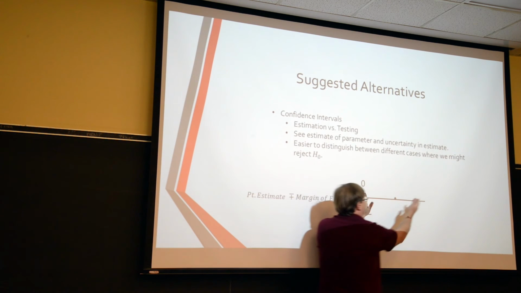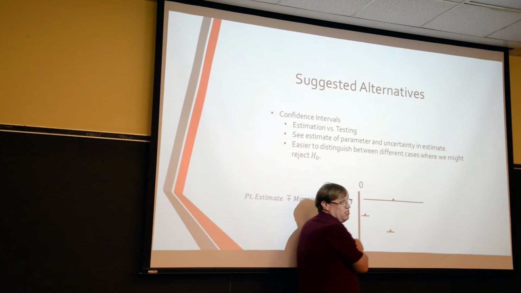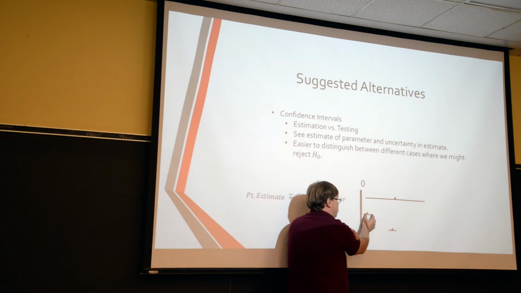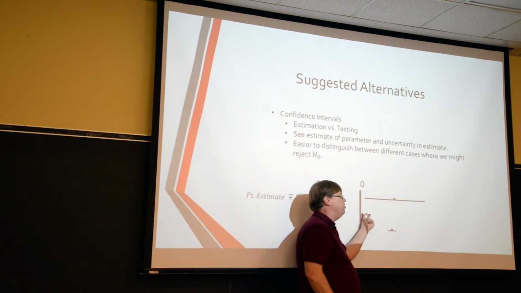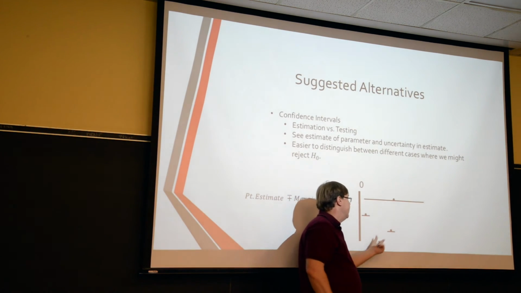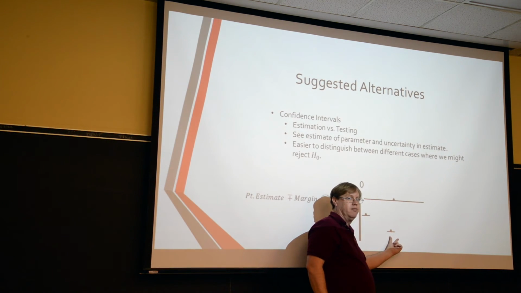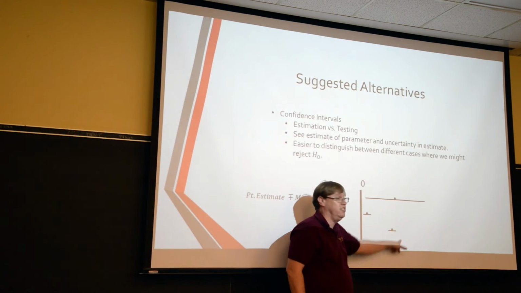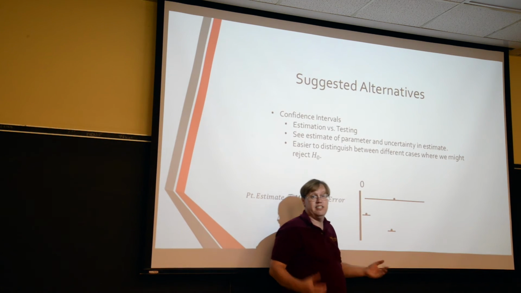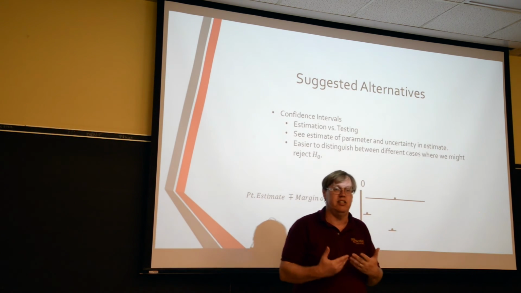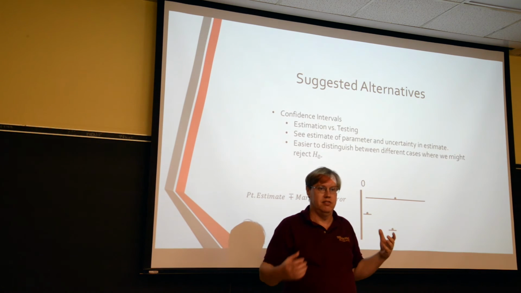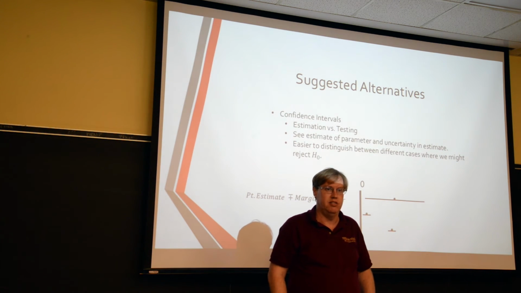I can have a wide confidence interval that just barely misses 0. I can have a narrow confidence interval that misses 0 but is really close. Or I can have a narrow confidence interval that's far away. Of these three cases, this is the one that makes us happier about rejecting the null hypothesis. We feel like, yes, we're really rejecting the null hypothesis.